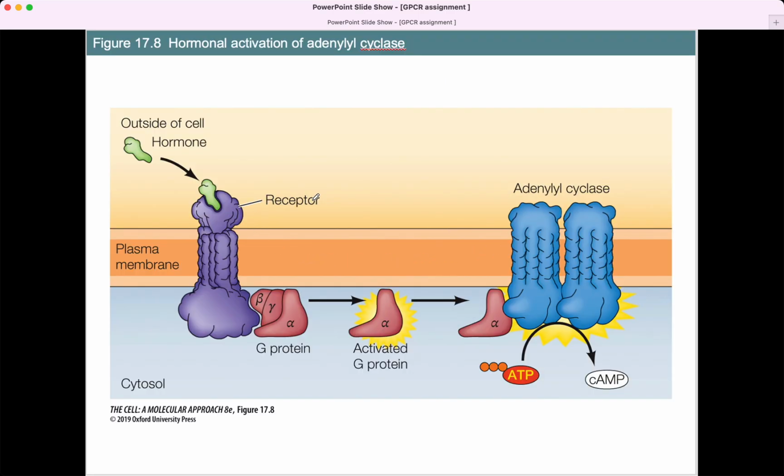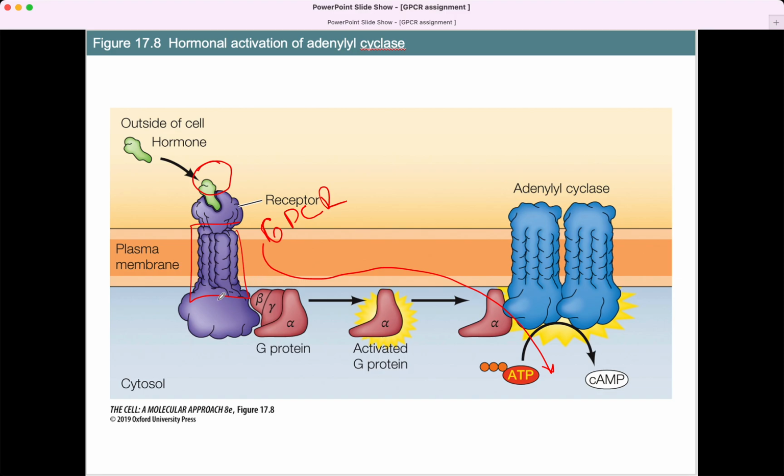Okay, and then the book carefully introduces the idea of signal transduction. Here's an example of signal transduction when we get the ligand binding to the G protein coupled receptor. In our case, this is going to be the adrenaline receptor, the epinephrine receptor, the adrenergic receptor, and I think I'll just call it the epinephrine receptor.